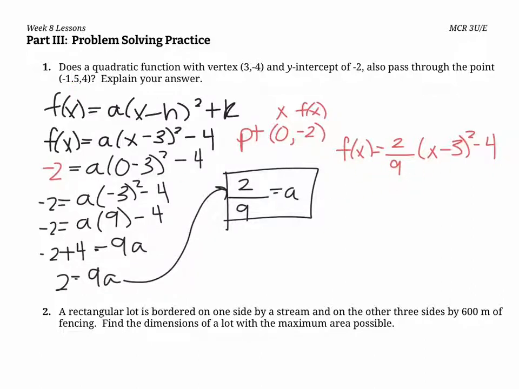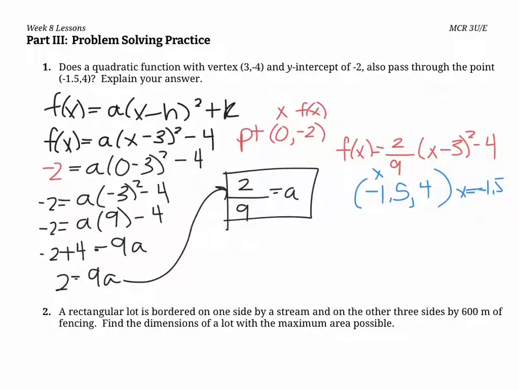So we have this point here. Does it exist in the equation f(x)? The easiest way to figure that out is just plug in x is equal to -1.5 and solve for y, and we're going to see if y is equal to 4. If y is equal to 4, then we know that this is a point on the parabola.